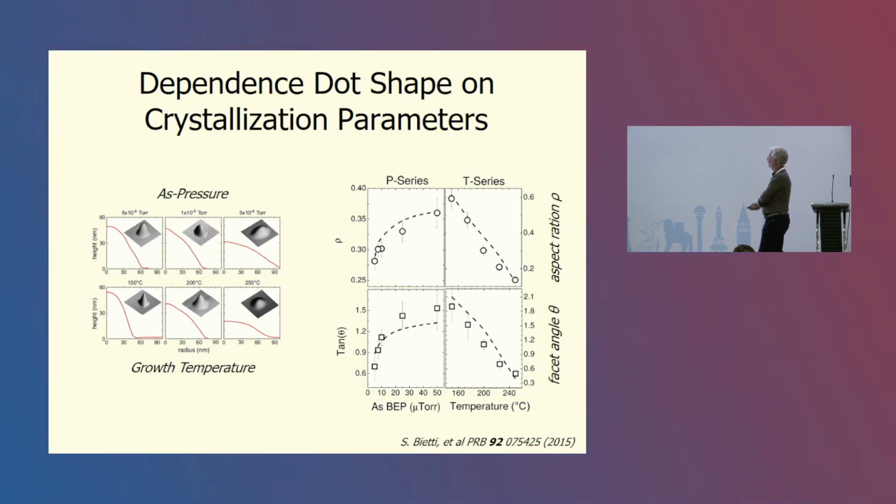That strongly depends on temperature and arsenic pressure. And the aspect ratio, that's the height versus width. If we look at the aspect ratio as a function of these parameters, we see there is a clear dependence, both in the pressure series, the arsenic pressure, and in the temperature series.